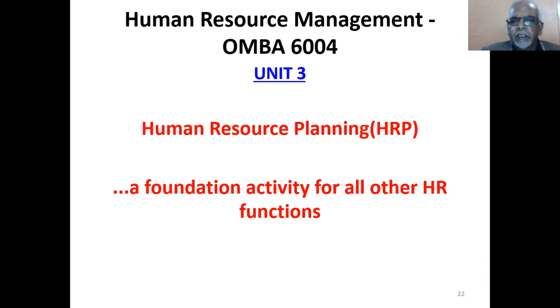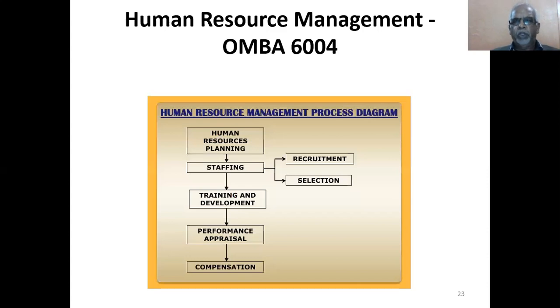We can take a look at this diagram to illustrate the point. So we can see that we have the human resource planning process, which will enable the staffing, that is the recruitment and selection, to take place. Then we have the training and development activities, which can be organized, the performance management activities, and the issue of rewarding employees.